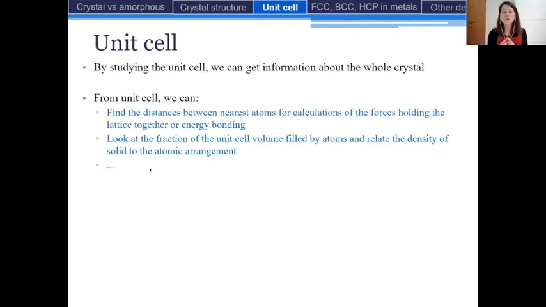And we can also look at the fraction of the unit cell volume that is filled by atoms and relate the density of the unit cell of our material to this atomic arrangement. Okay, so these are some examples to show why it is only necessary to focus on the unit cell, or, for that level of explanation of material properties, we can focus only on the unit cell.